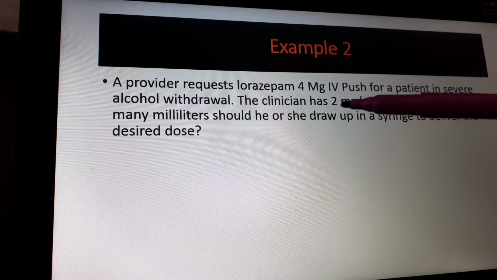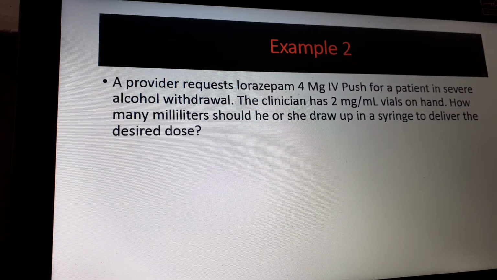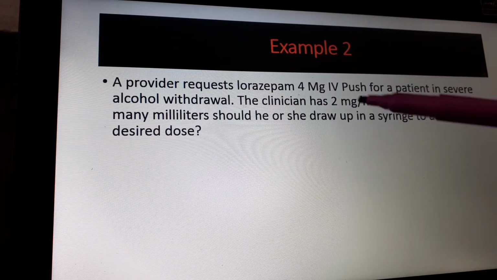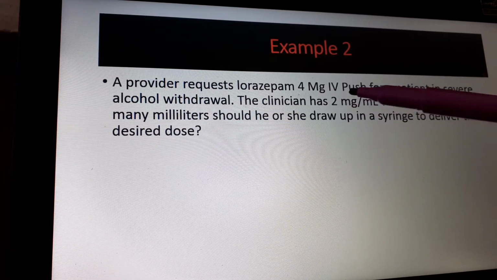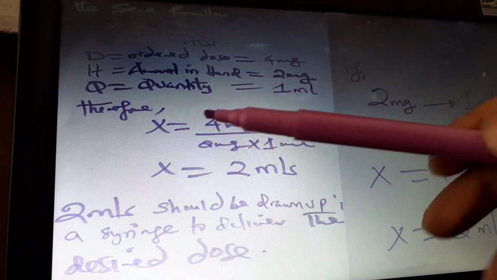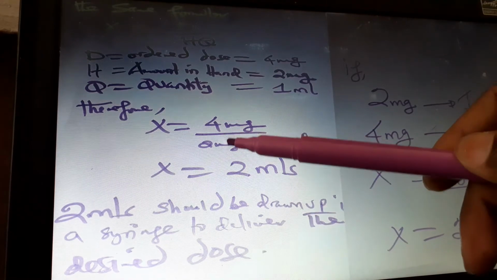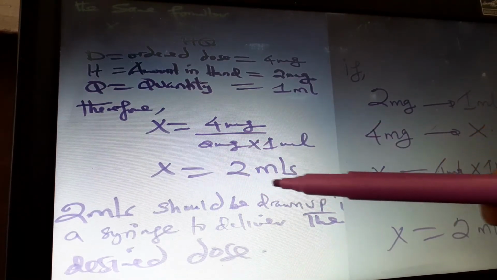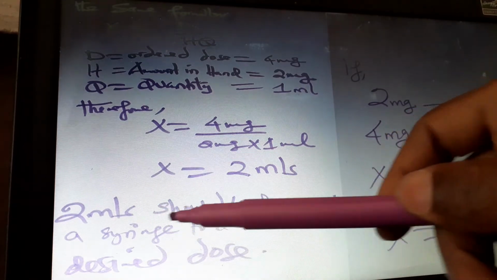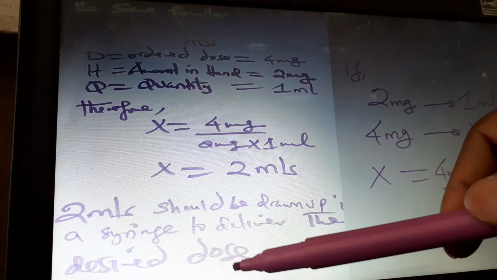So this will be your H. Amount on hand is 2 milligram, and the quantity now will be 1 ml, because this is 2 milligram per 1 ml. That will be your Q. So in your calculation now you will have 4 milligram over 2 milligram times 1 ml. Milligram will cancel. You will end up finding 2 ml. So 2 ml should be drawn up in a syringe to deliver the desired dose.